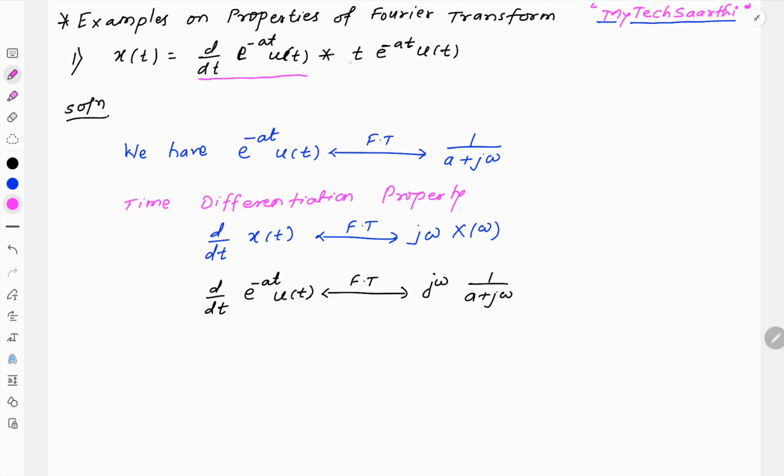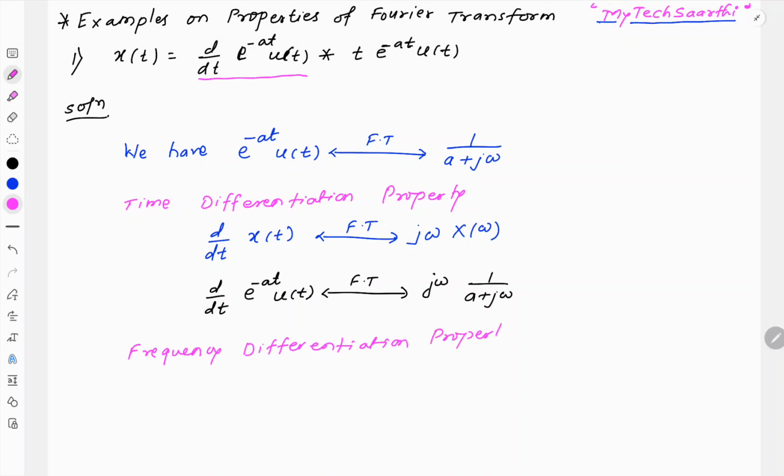Here we have to use the frequency differentiation property.